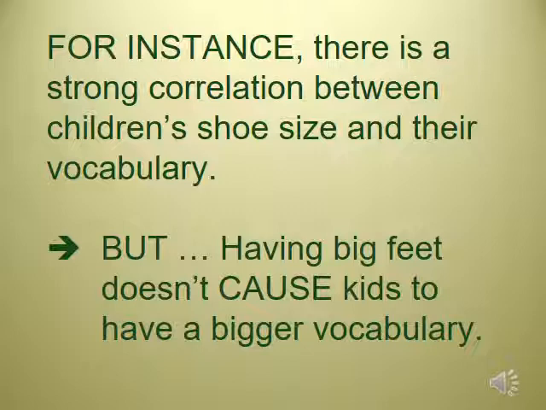But big feet isn't what's causing kids to have a bigger vocabulary. Really, what's going on is you've got another variable, which is age, that affects both of those. As kids get older, they wear bigger shoes and they also know more words. And because of that, the lurking variable here is going to be age.